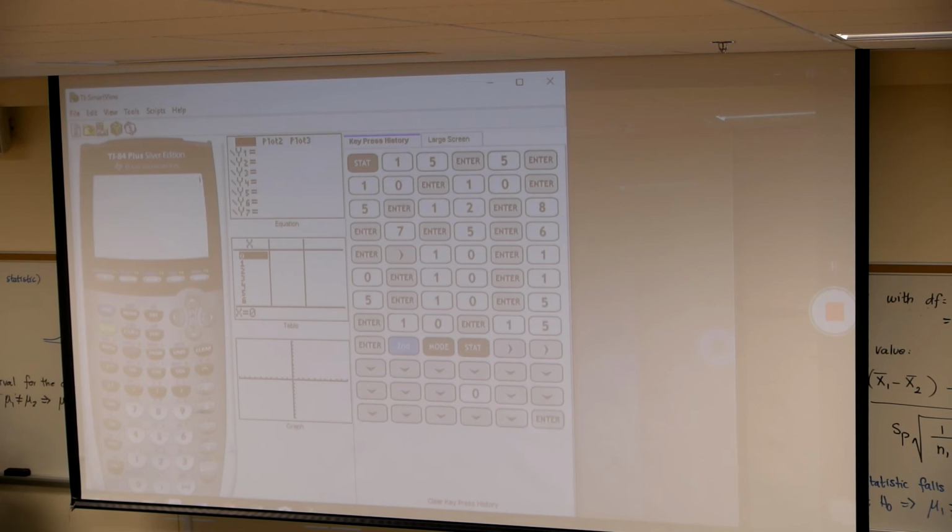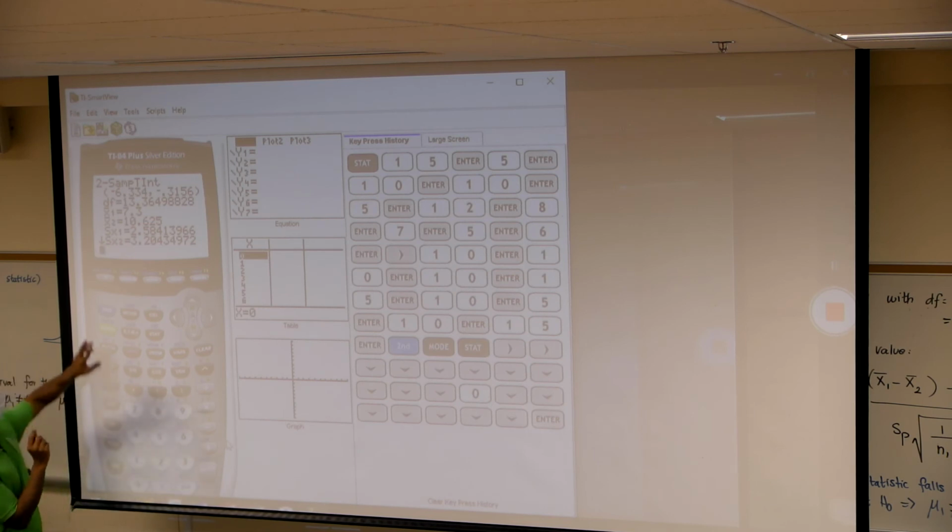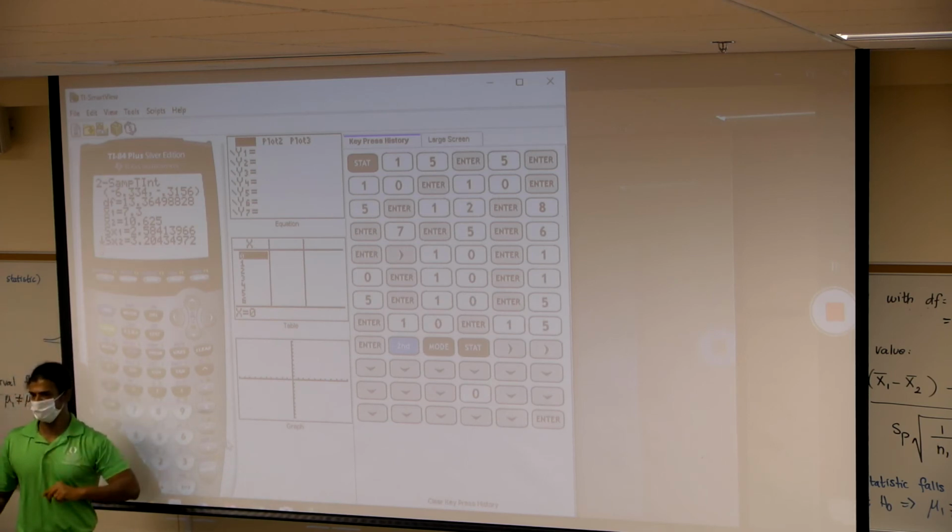Just to compare the pooled case with the not pooled case. And you can see it's not that off. It's very close in terms of the interval, like -6.33 and -0.356. But you do have to notice that the degrees of freedom here is a decimal, 13.36, and why is it a decimal?